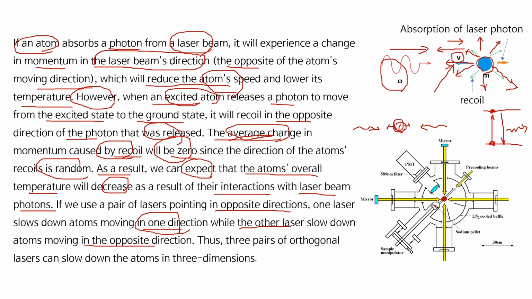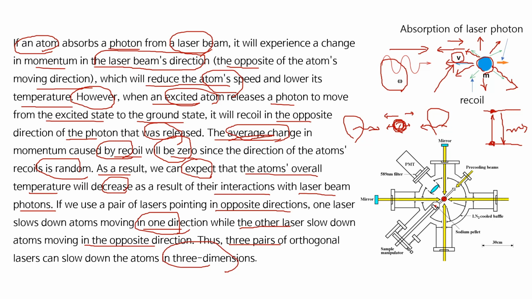So thus atoms will be trapped in some position. Okay, it cannot move in this direction. Also, it cannot move in the other direction due to the pair of laser light. Thus, three pairs of orthogonal lasers can slow down atoms in three dimensions. So that is one dimension.